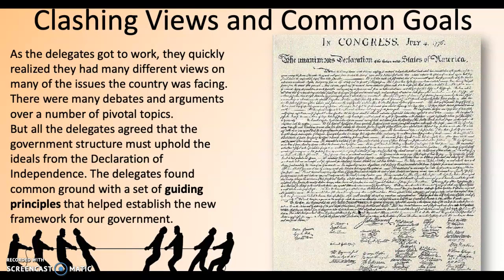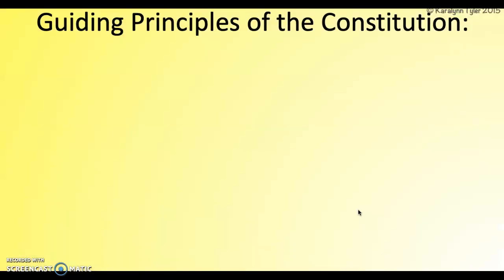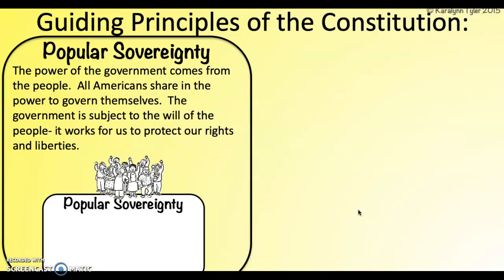These guiding principles, and there are 7, help to give the delegates to the Constitutional Convention a starting place, a place that they could all look back to and say, these are the things we agree to. And so these are what, as they were writing the Constitution, the delegates referred back to regularly.